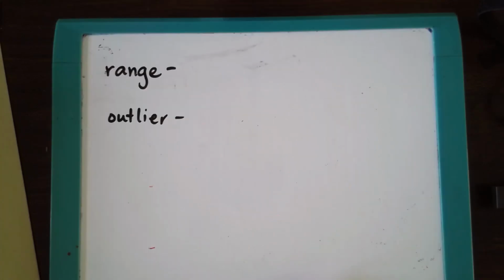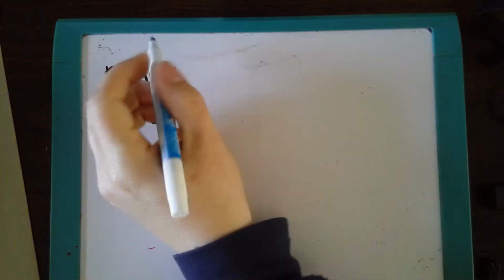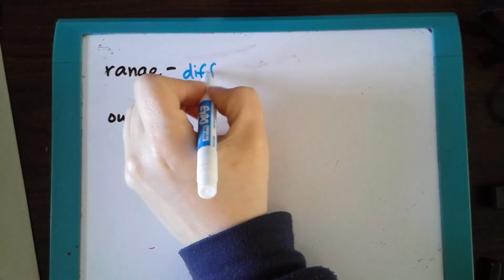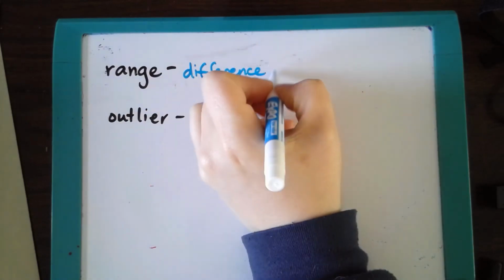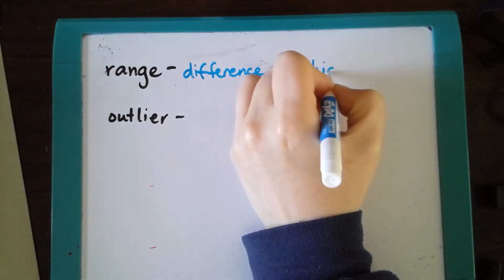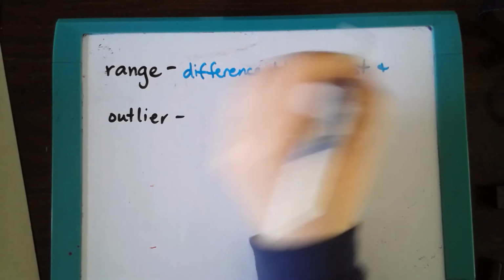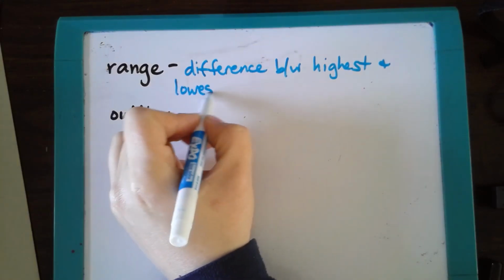There are 2 other important words usually associated with mean, median, and mode. First is our range, and the range is the difference between the highest and lowest value in the set.